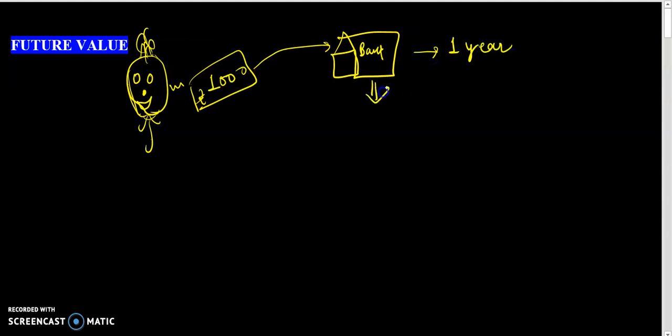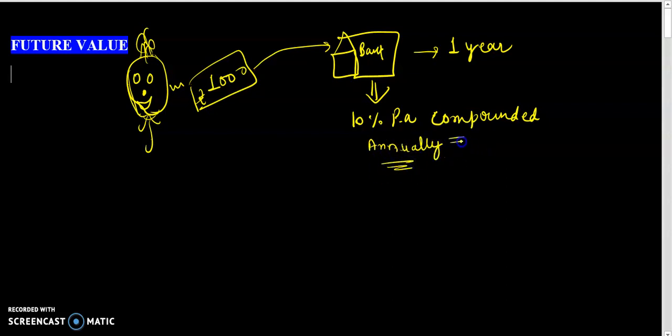The bank pays 10% per annum interest compounded annually. Compounded annually means bank pays interest once in a year, usually at the end of the year.